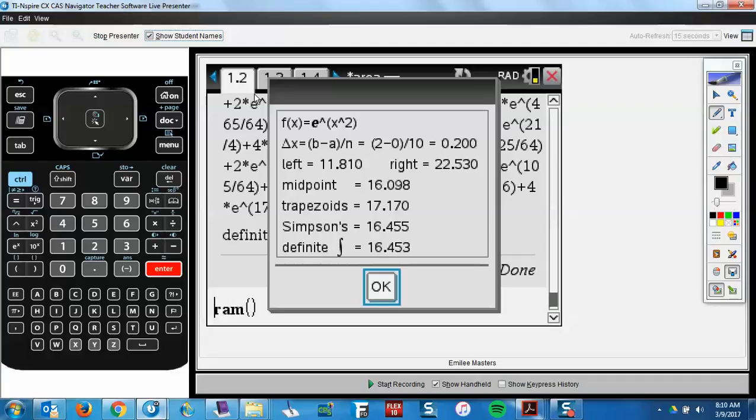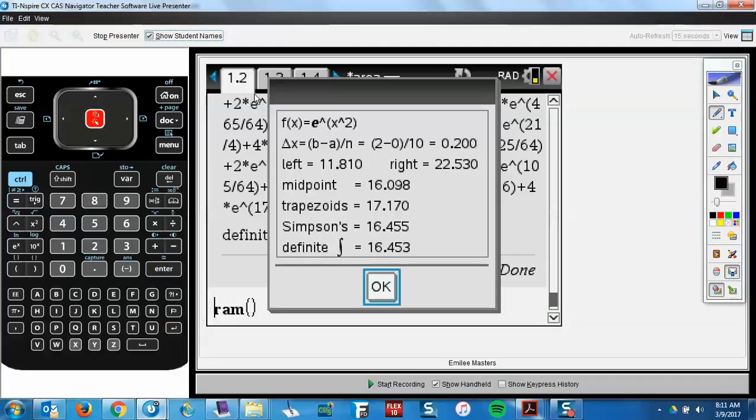So let's, matter of fact, let's double check that. Well, redo it, hit OK, and run it again.